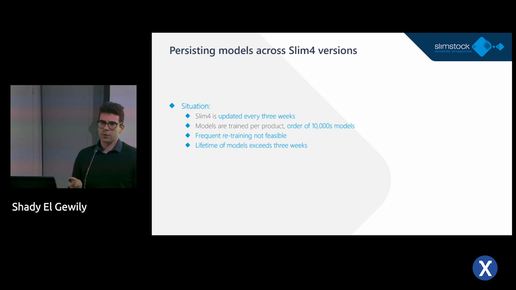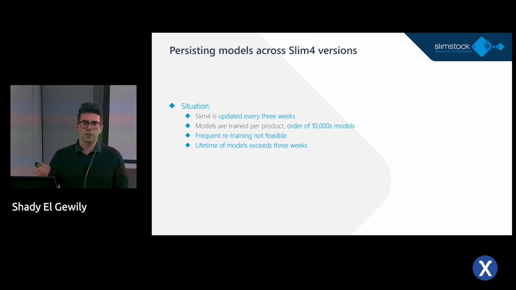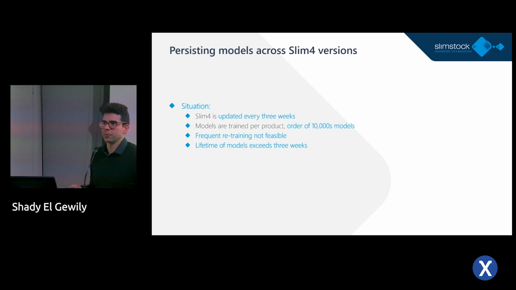So our software Slim4 is updated every 3 weeks, and that's an automatic process. So basically, there's a scheduled task that runs every 3 weeks to get the new software version. But models are trained per product, as I say, so maybe in the order of tens of thousands of models. And therefore, frequent retraining is not possible because it takes a long time to train all of those models.